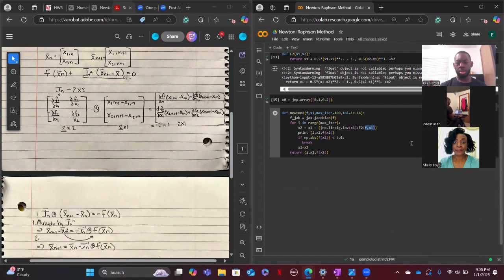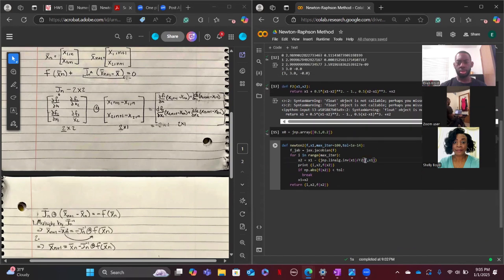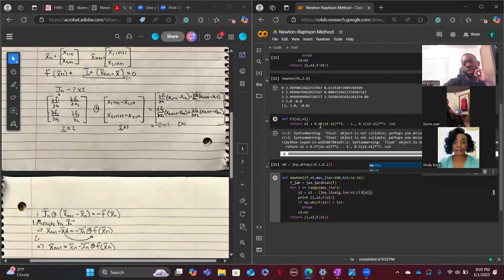I may do x1 and x2, since I think I shouldn't have done an x2 here, but I needed to define both variables. Because this is not right then. When we print both of these out, this is correct.